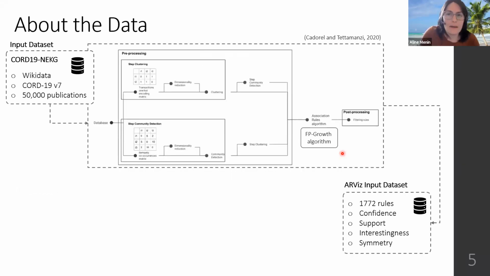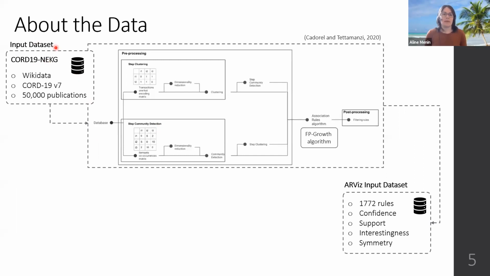To calculate the data set of association rules, we are using as an input the data set created by Lucy and Andrea. I forgot to explain that we have two knowledge graphs in the COVID on the Web dataset.